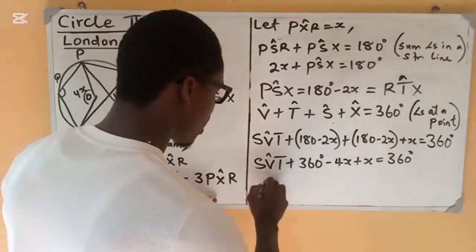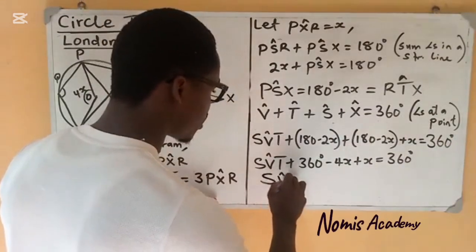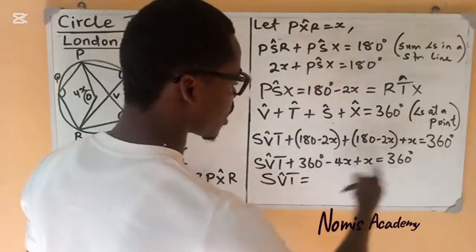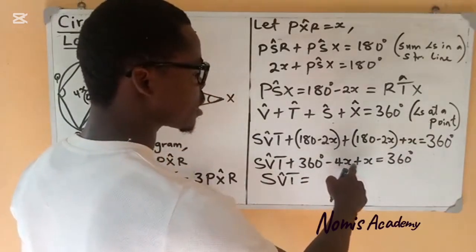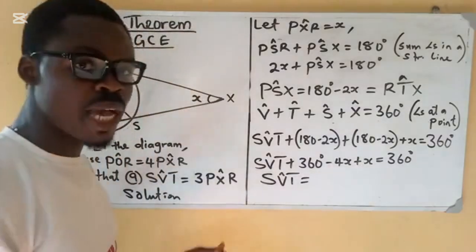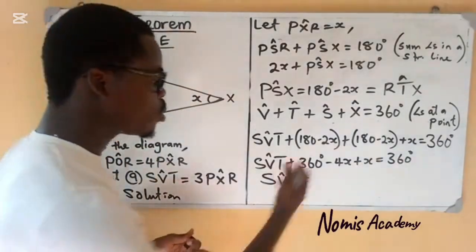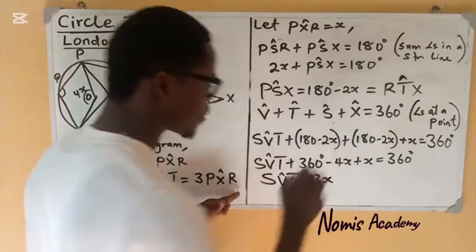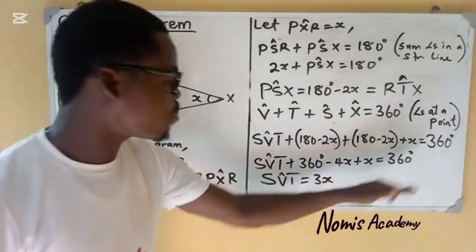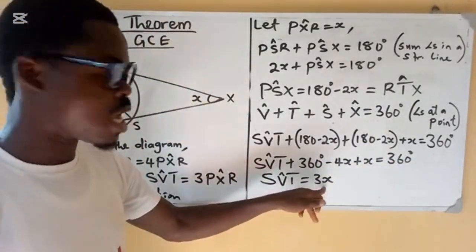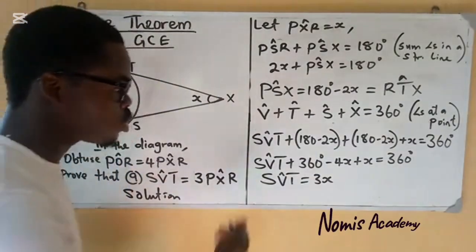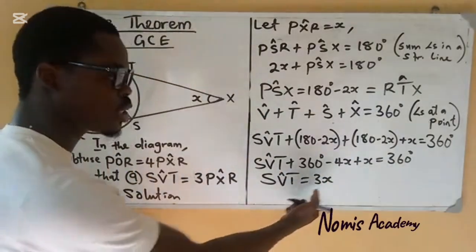Then we have SVT equal to, minus 4x plus x is minus 3x. Moving minus 3x to the other side, it becomes 3x. So the whole of this simplifies to 3x. Just do your calculation, you definitely get 3x.